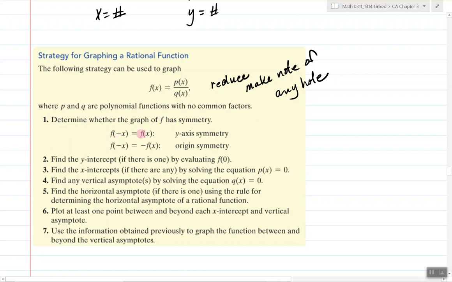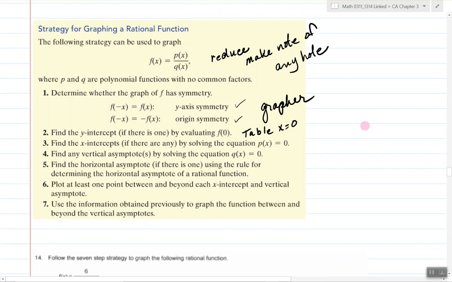If f of negative x is the same as f of x, we get y-axis symmetry. If f of negative x is the same as negative f of x, we get origin symmetry. Actually, we will probably determine this by looking at the grapher. How do we find the y-intercept? Well, you can find f of 0, or you can do table x equals 0.